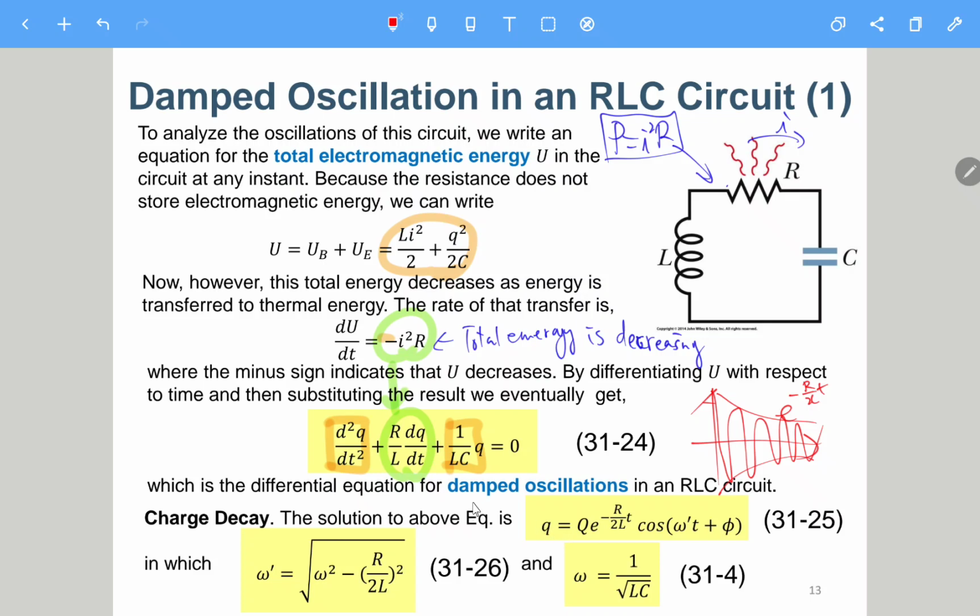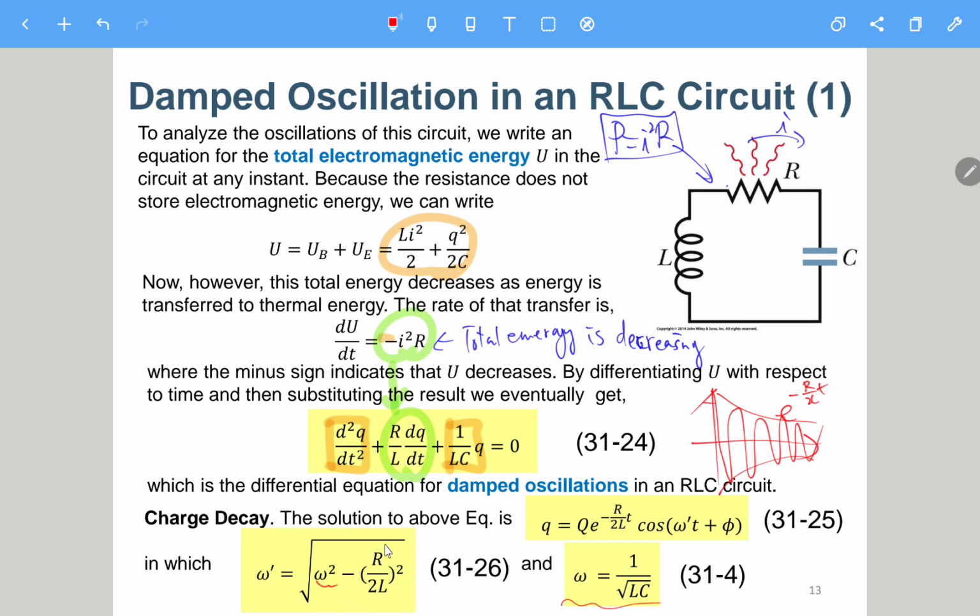Okay, so it is called the damped oscillation. And then the oscillation frequency is a bit smaller than this omega. This omega is of course 1 over square root of LC, if we don't have the resistor. Here we have a resistor, so the oscillation frequency is a little bit lower, reduced by this term.